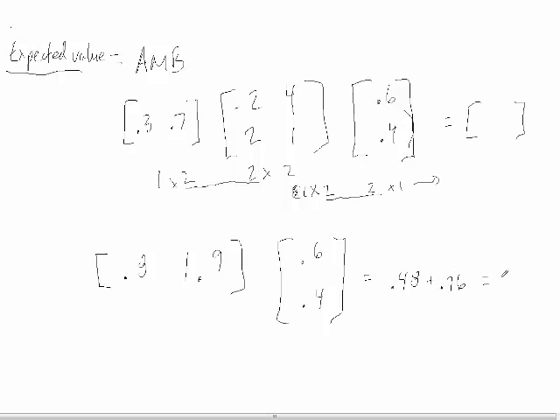So the expected value of this game would be 1.24. So considering this game is played many, many times, the expected outcome for each game would be a payout of 1.24 to player A.